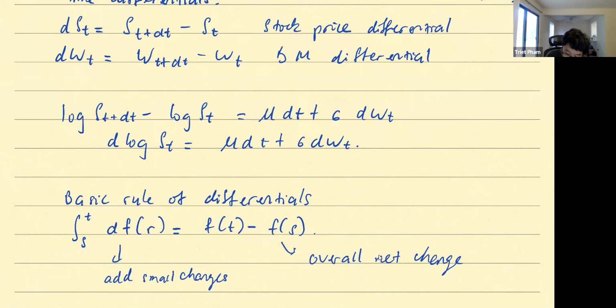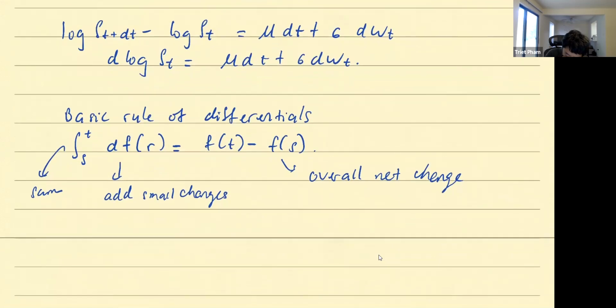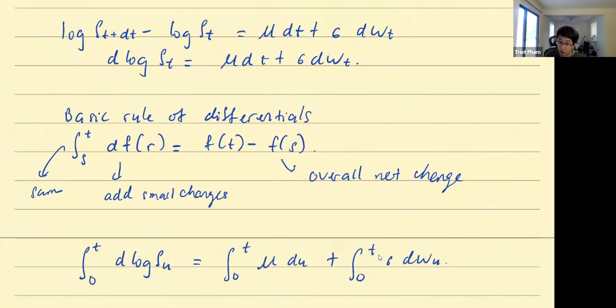Applying this, again the integral just means sum. All these things are very intuitive, but we need to keep them in mind. So let's add up both sides from 0 to t: d log S_u equals mu du plus sigma dW_u.